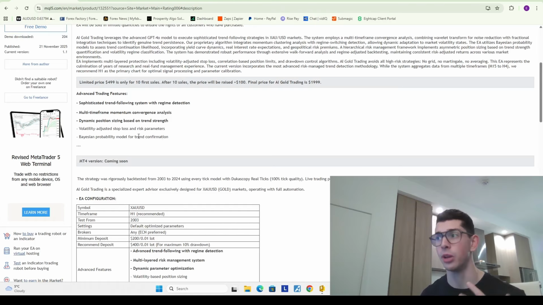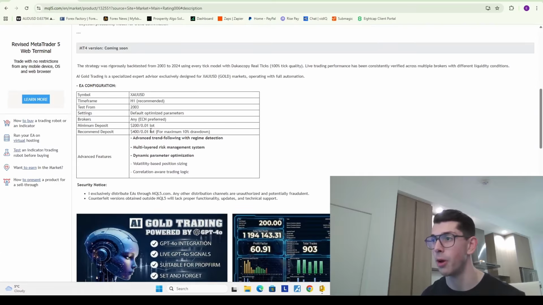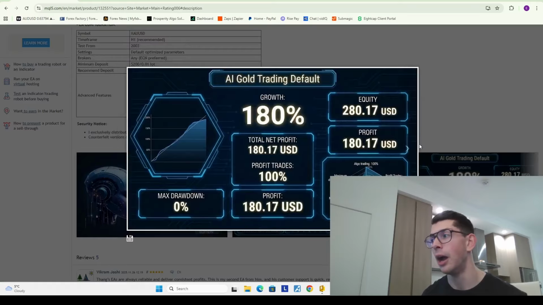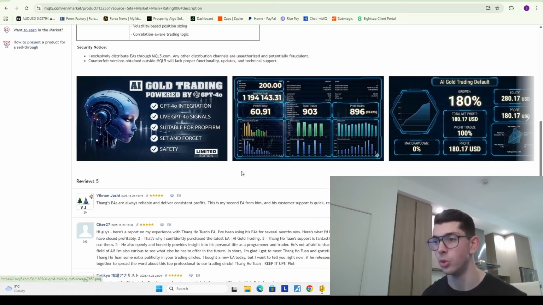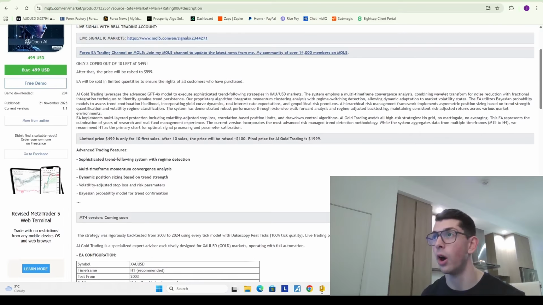So there might very well be a really real strategy behind this thing. And here we actually see that he's saying that your minimum deposit needs to be $200 per 0.1 lots, which is pretty reasonable. And besides the GPT use, it actually looks reasonably legitimate so far.